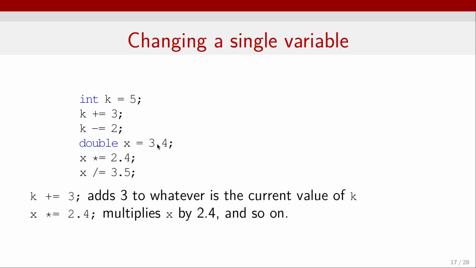Similarly, you can divide by a number. So if I define a double x that's equal to 3.4, this command will multiply x by 2.4 and set that result equal to x. And here, this command slash equals, this will divide x by 3.5, and then it will set that result equal to the new value of x.